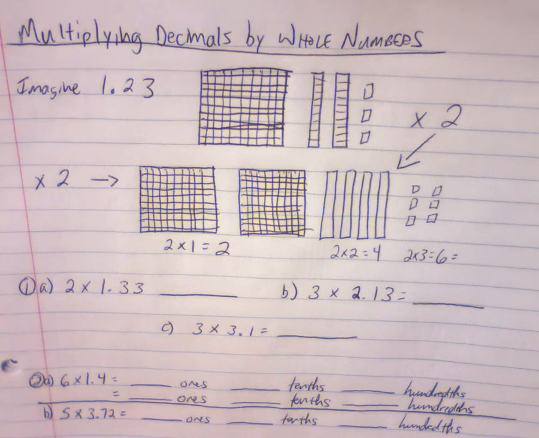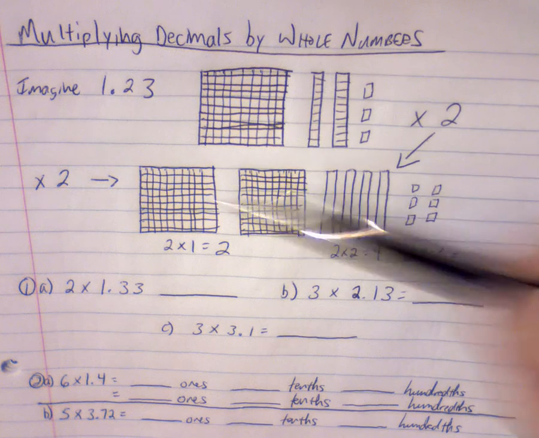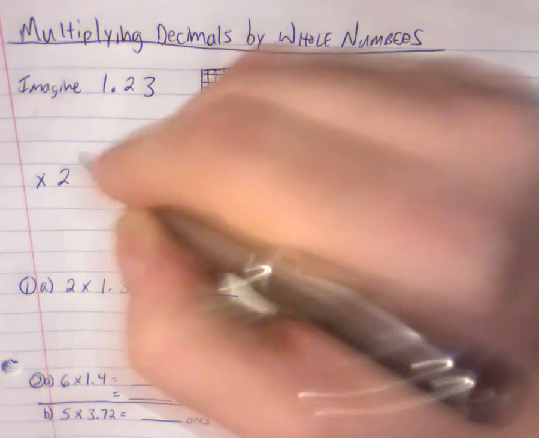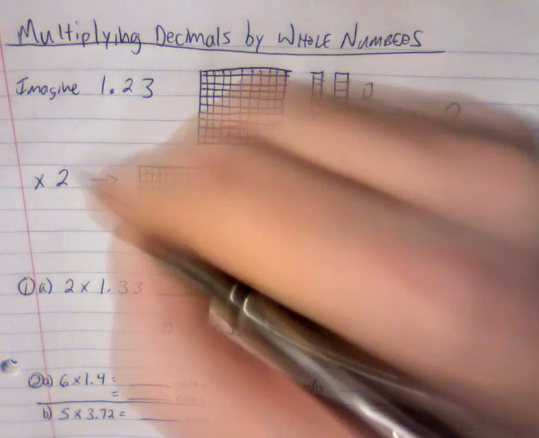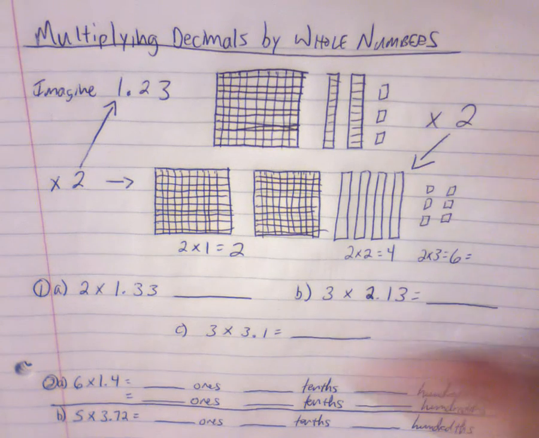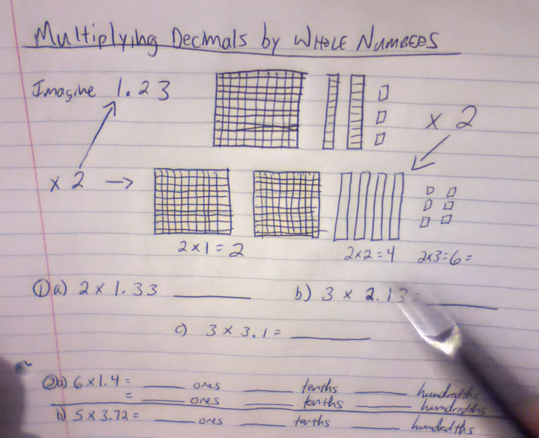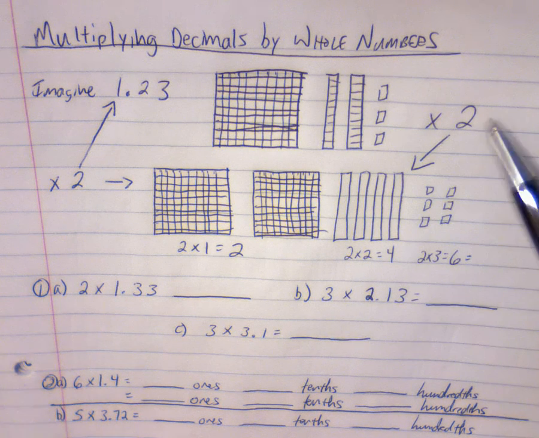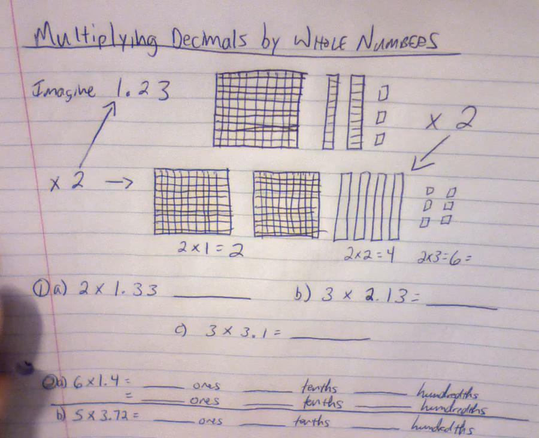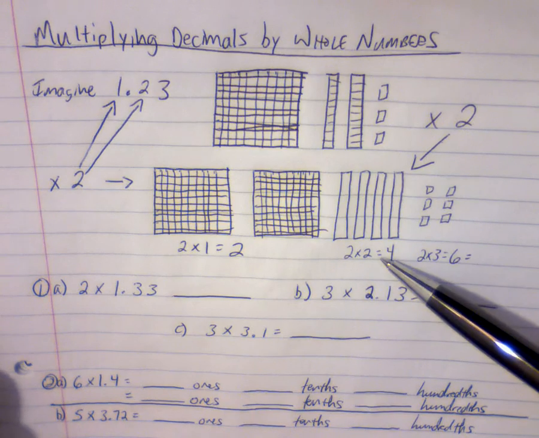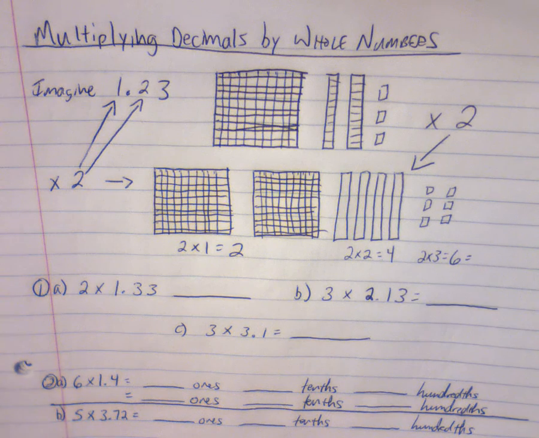If I double 1 whole, what do I get? I get 2. I'm doing 2 times 1, and I get 2. I look at the tenths. I had 2, and I'm multiplying by 2. Well, 2 times 2 is 4. Same thing with the hundredths.